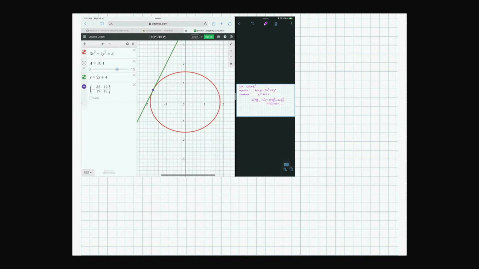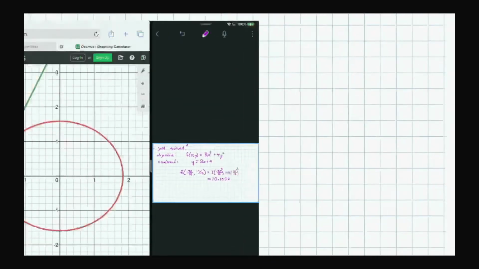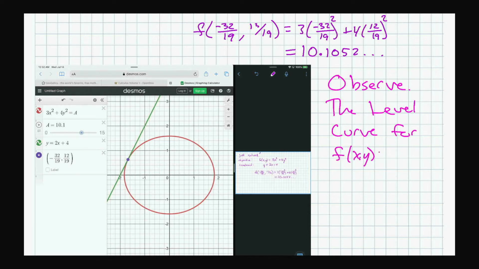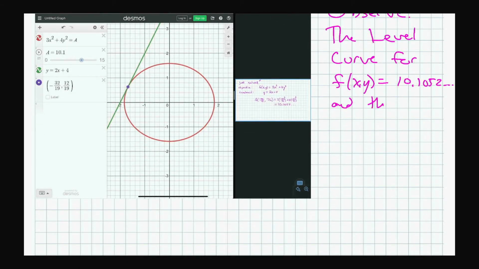So what you can observe from that picture that we just did was that the level curve for f of x, y equals 10.1052, whatever that solution actually was, and the constraint are tangent to each other.